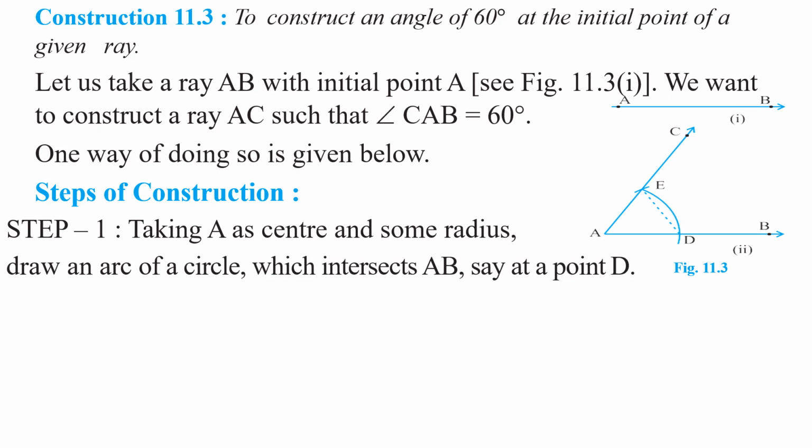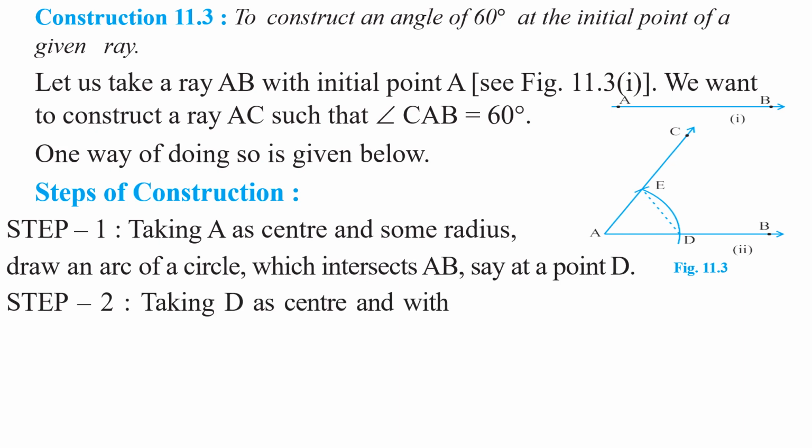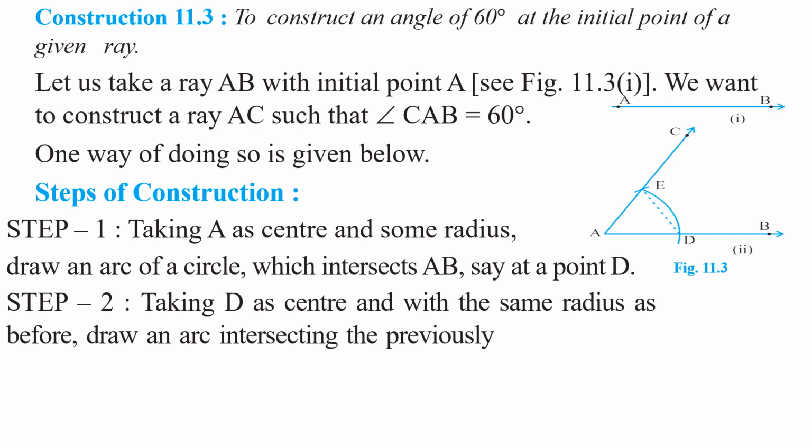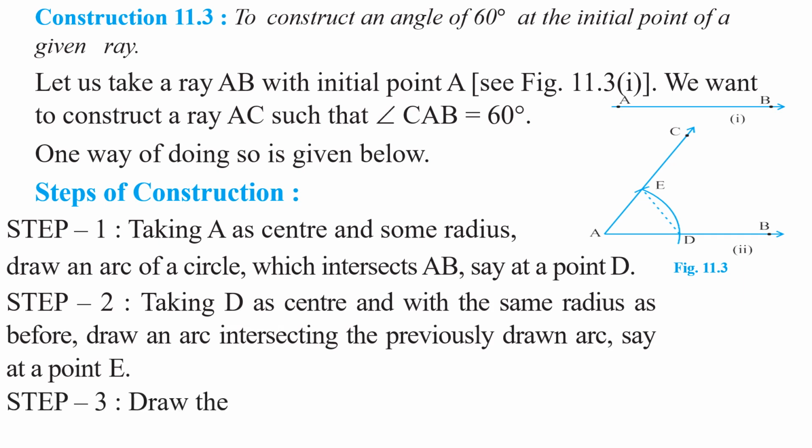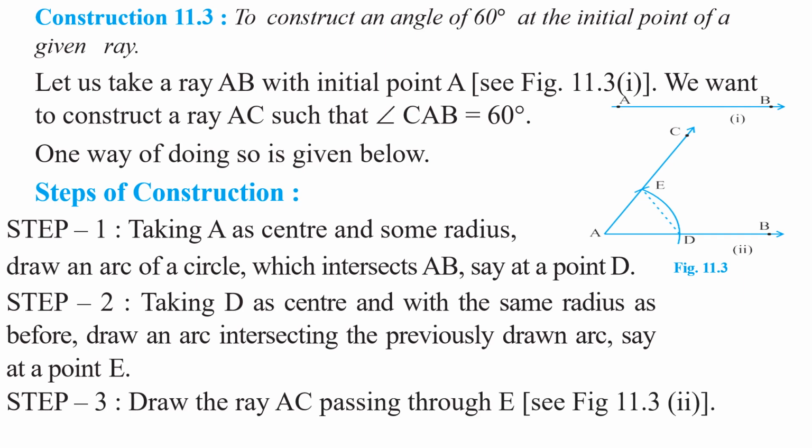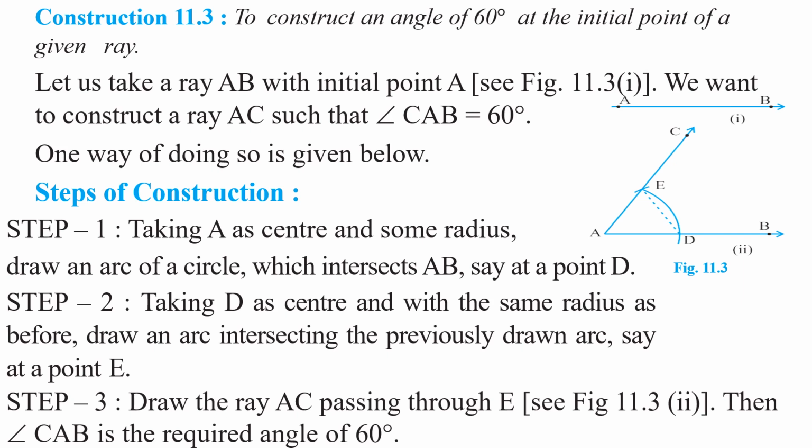Step 2: Taking D as center and with the same radius as before, draw an arc intersecting the previously drawn arc, say at a point E. Step 3: Draw the ray AC passing through E. See figure 11.32. Then angle CAB is the required angle of 60 degrees. Understood these steps of construction, my children?